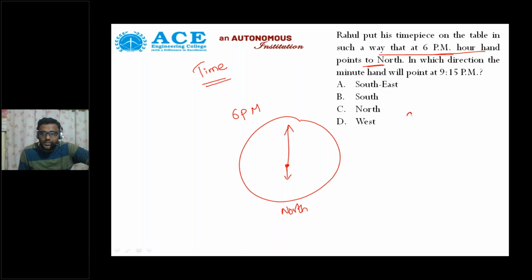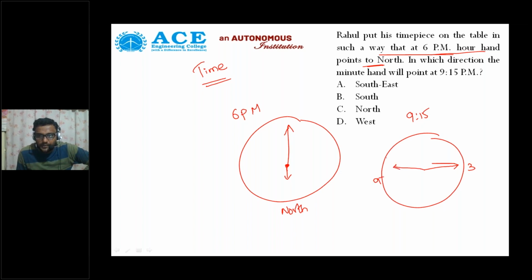Now, the same watch is showing 9:15. If the watch is showing 9:15, the minute hand is exactly at 3. The hour hand is slightly above 9. Okay.